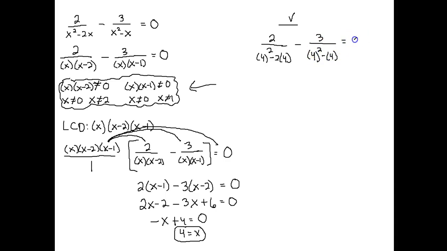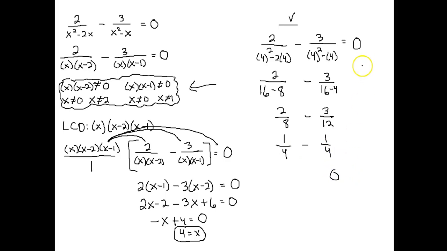So I'm going back to the original equation, plugging in 4 everywhere I see x, and then using order of operations to simplify. Okay, reduce the fractions. Oh goody, I do end up with 0 on both sides.